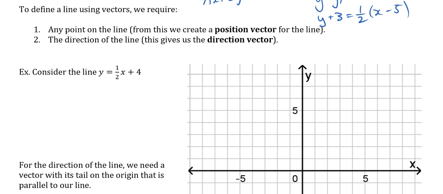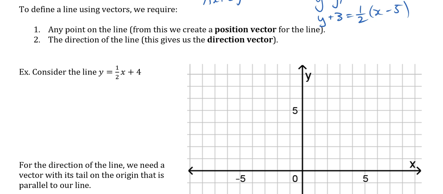Okay, so the first part here, there's two things to consider when we are defining a line with vectors. Similar to slope and a point, we have a position vector and a direction vector. So the direction vector you could think of kind of like the slope. It's very similar, and the position vector is very much like a point, but it's all in vector notation, and it all has to do with vectors.